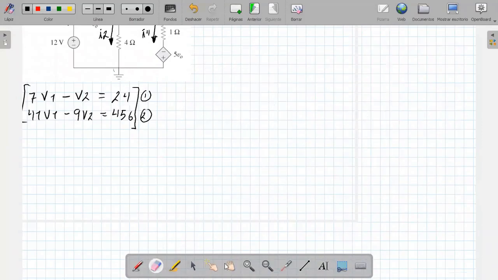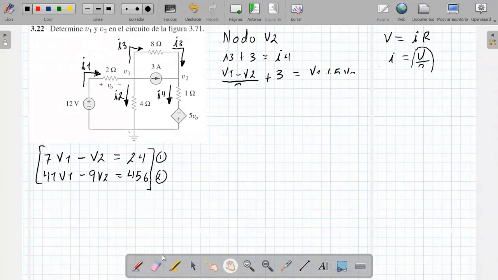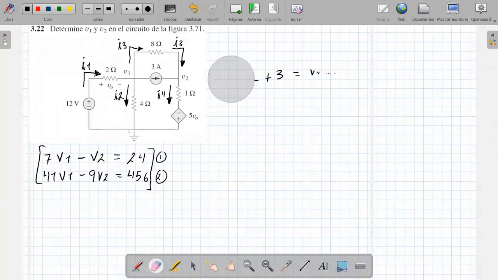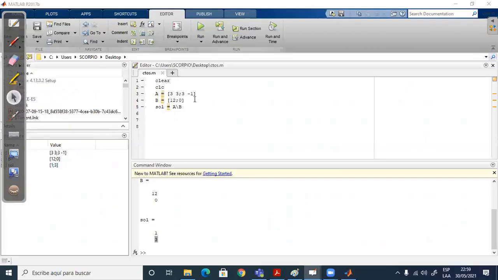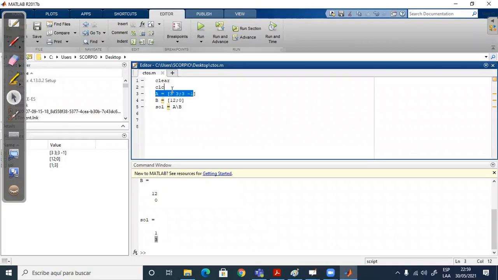I can delete this now, I don't need it anymore. And I'm going to put these equations in the matrix.